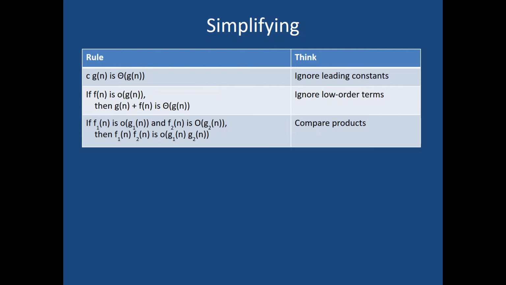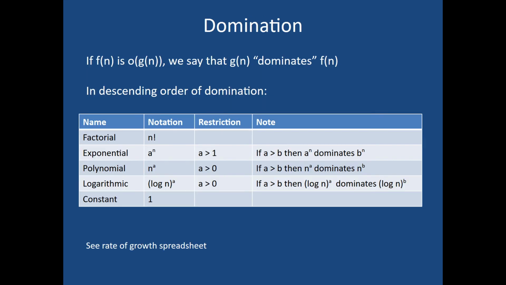And then we've got this product rule here, which looks complicated and isn't, but I'm going to let you look at it, and I'll do some examples later that will make more sense. If you've got a product, this takes care of cases where you're multiplying, let's say, n log n. How does n log n compare to n squared? There is no entry in this table for n log n.